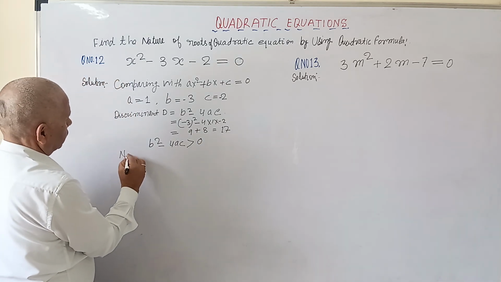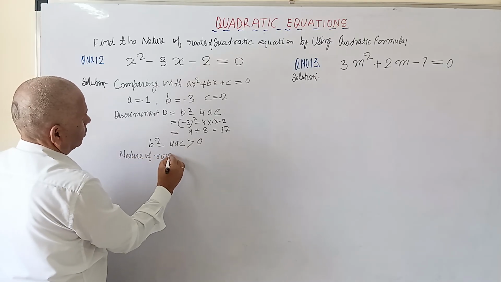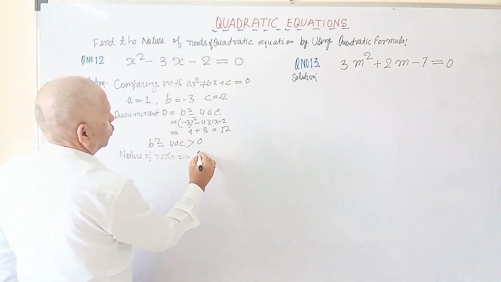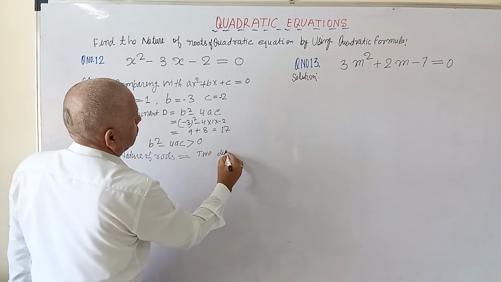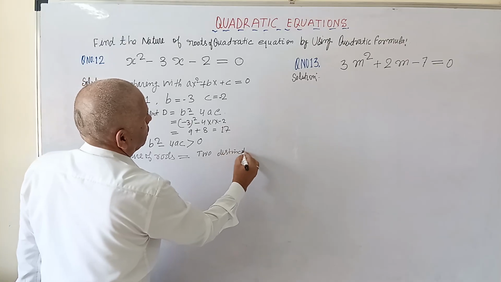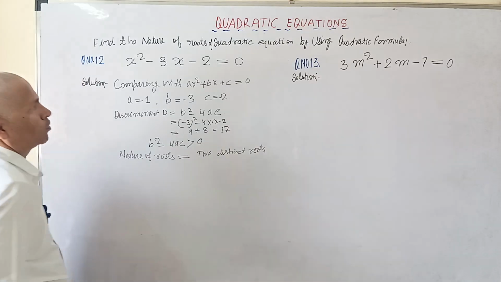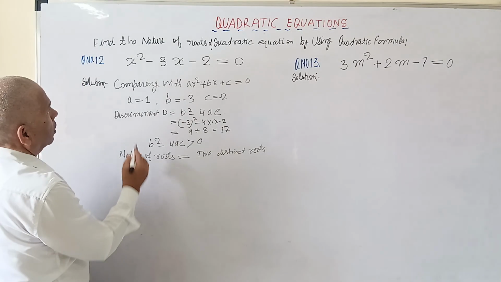So nature of roots equals two distinct roots. Now these two roots can be found by using the quadratic formula.